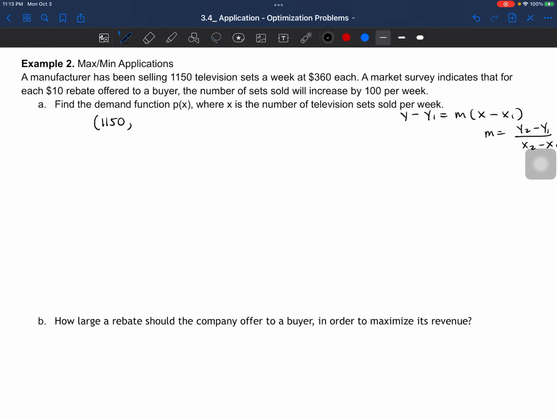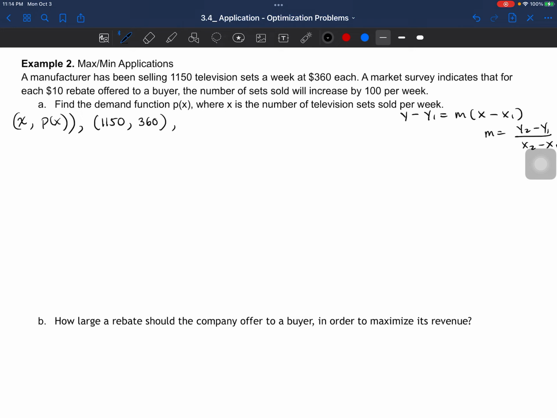If we have number of items comma price of item, if we have an ordered pair like this, we can compare the two relationships, right? Number of items sold at a price of 360, and we can compare the change by using another point that relates to this relationship.